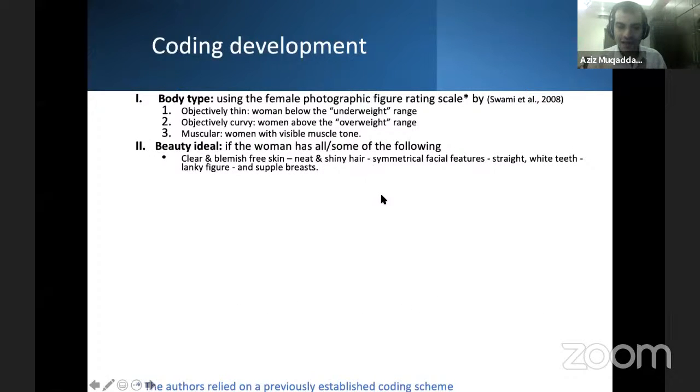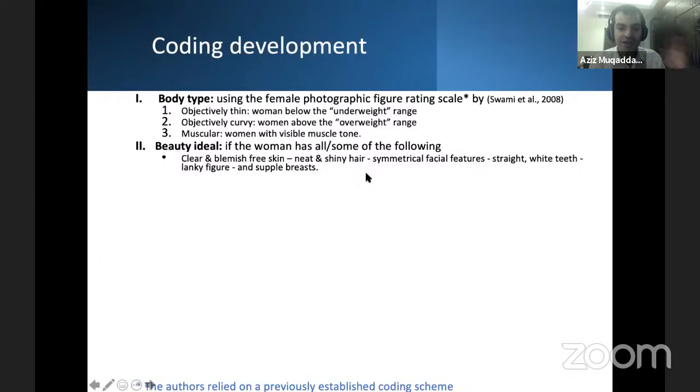And then the beauty ideal, they put different options for like criteria, what would make it fall under the beauty ideal message. So if it has some of or all of any of this: clear and blemish-free skin, neat and shiny hair, symmetrical facial features, straight white teeth, lanky figure, and supple breasts, right?